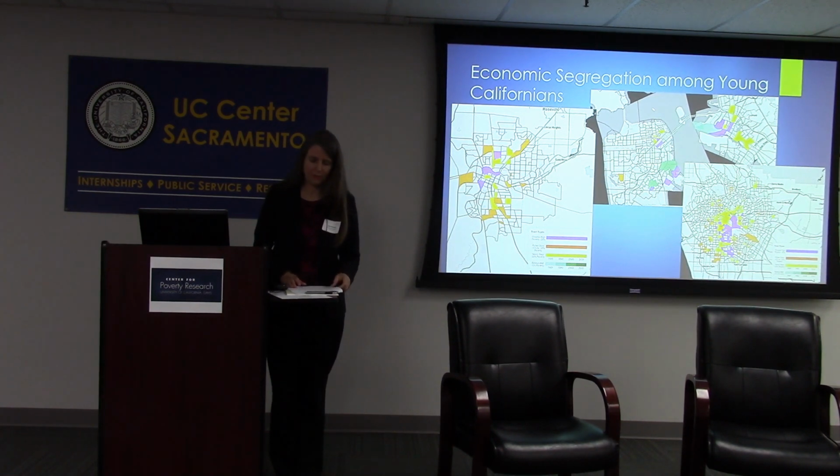And there are a lot of things that can be done to increase the carrots and sticks for the regional housing needs allocation process to try to get more of that income mixing to happen through the development process.